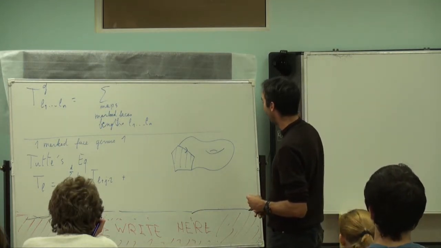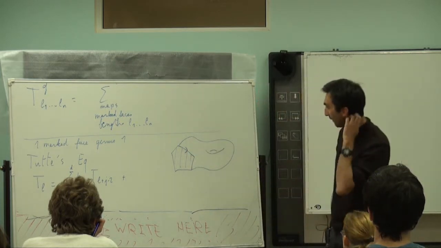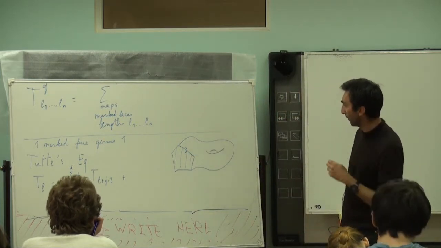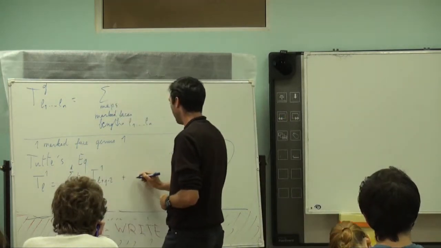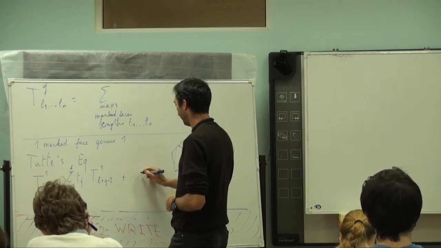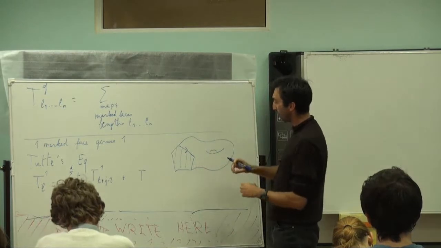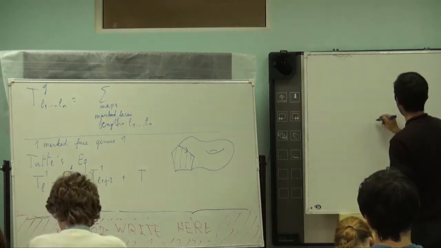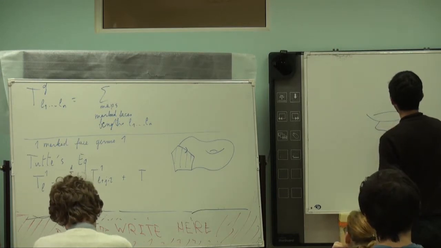Plus, what happens if we have the same marked face on the other side, so either we disconnect. Sorry, this is in genus 1. So when we have the other marked face, somehow we are on a torus, and imagine the marked face is here.